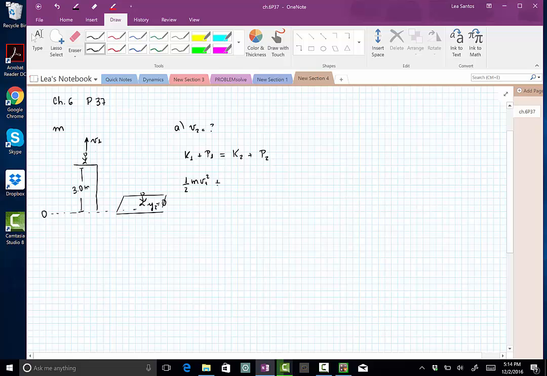We also have m g y1, and y1 we know, according to our choice, is 3. And then at position 2, we have 1/2 m v2 squared, where v2 is our unknown, and the gravitational potential energy, but since I chose this position to be 0, I will just have 0. So from this equation, we'll find v2. Not bad. Simple problem. Let's move on to problem B.